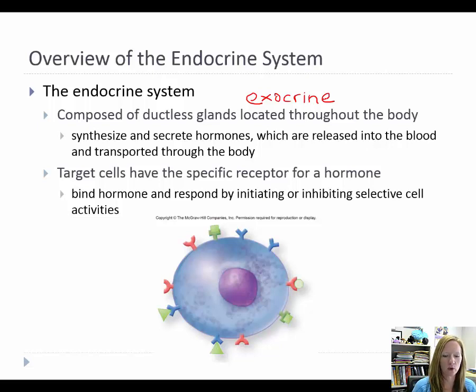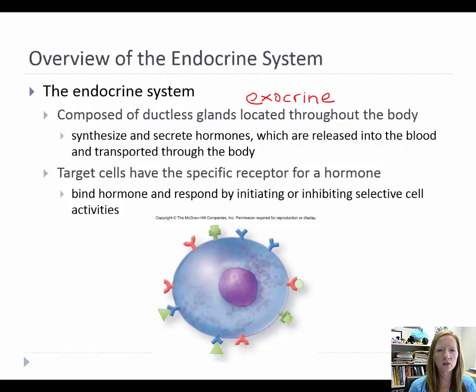Exocrine glands, if you remember, had ducts, and the cells made substances like milk, sebum, or sweat, and those substances traveled through the ducts to get to where they needed to go, which was basically an epithelial surface.